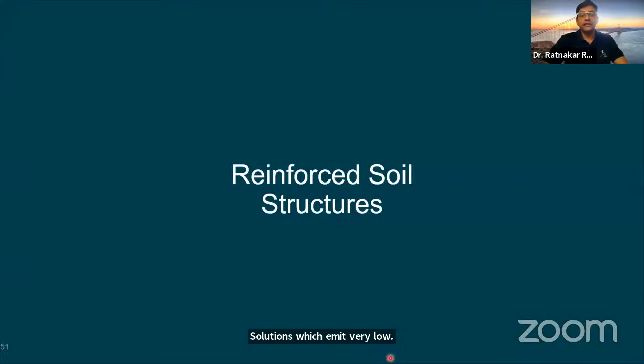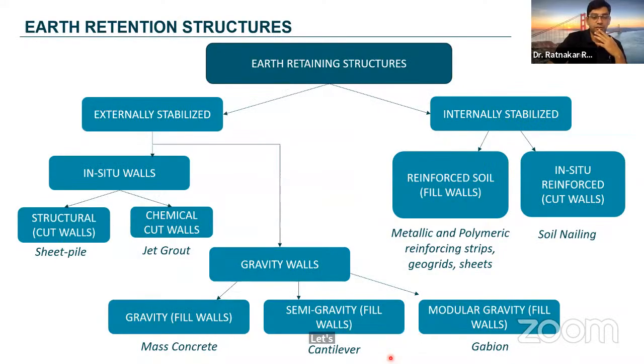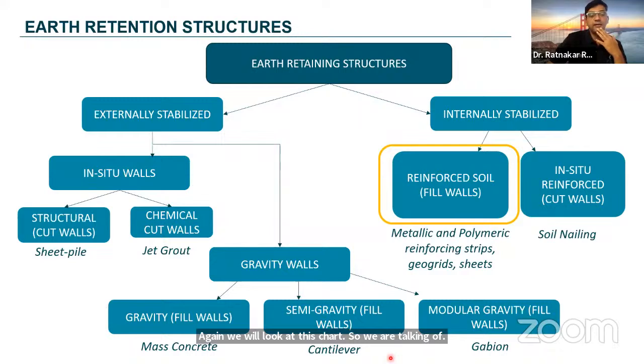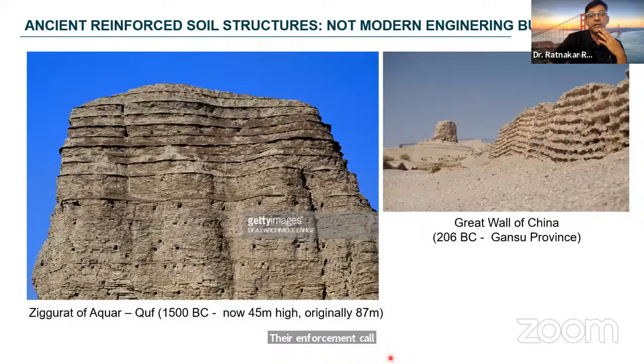Now, the next type of retaining walls we have seen is the internally stabilized, in which you have reinforced soil walls. So again, we will look at this chart. We are talking of internally stabilized walls where the reinforced soil fills are reinforced with metallic or polymeric reinforcing strips, grids, or sheets.